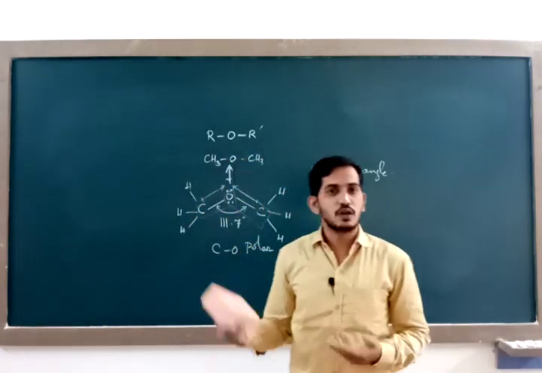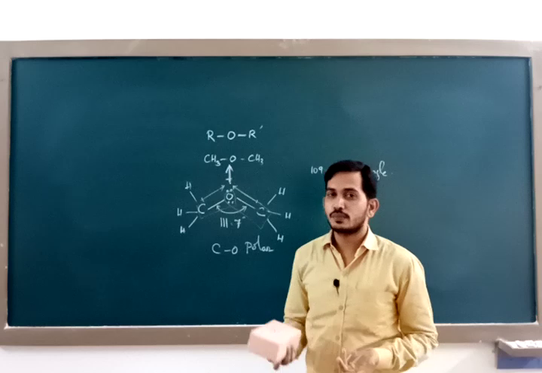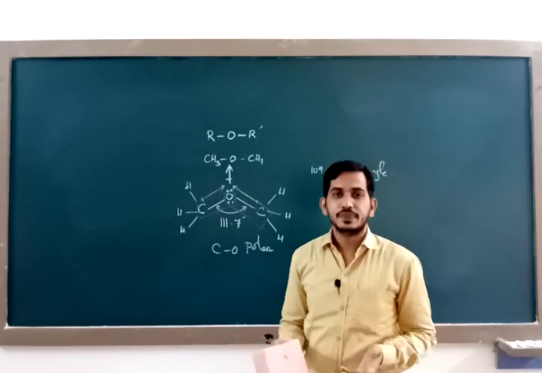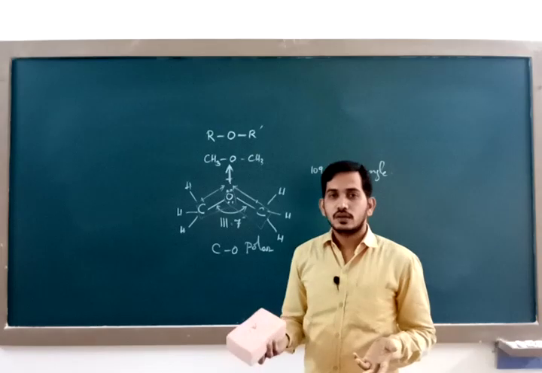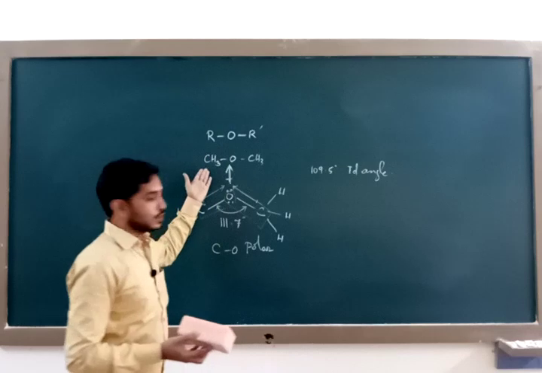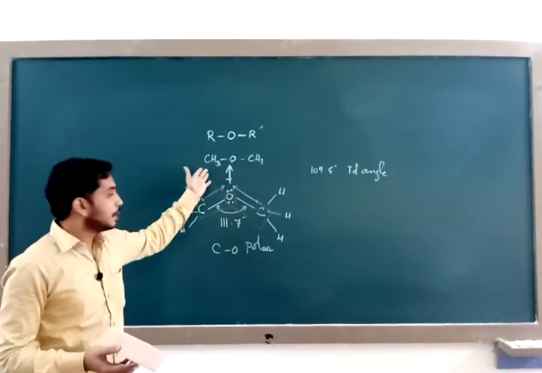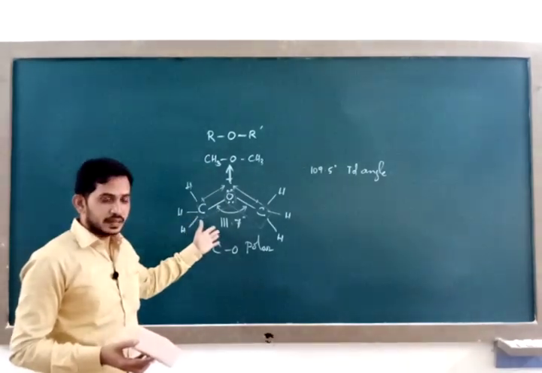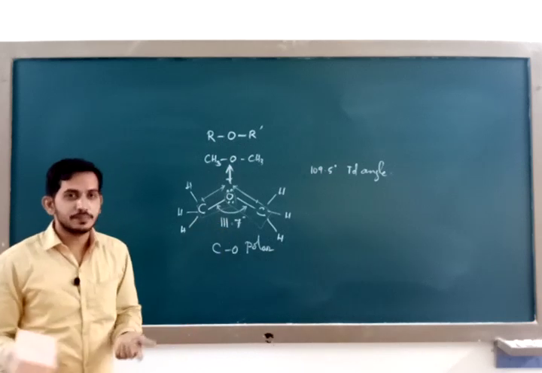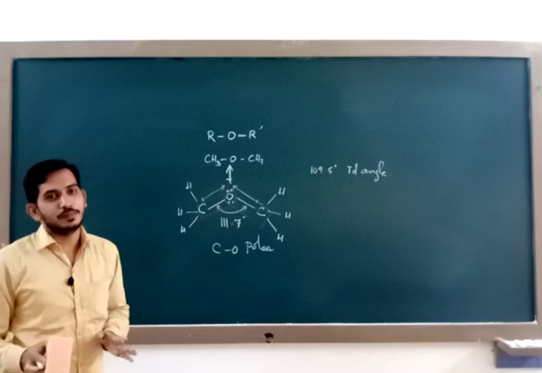You cannot say they are non-polar molecules. Who are non-polar molecules? Those molecules which are linear, which are symmetrical, are usually non-polar molecules. So even though we have a symmetrical molecule of ether, because of their different bond angles and bent or angular shape, they have net dipole moment.